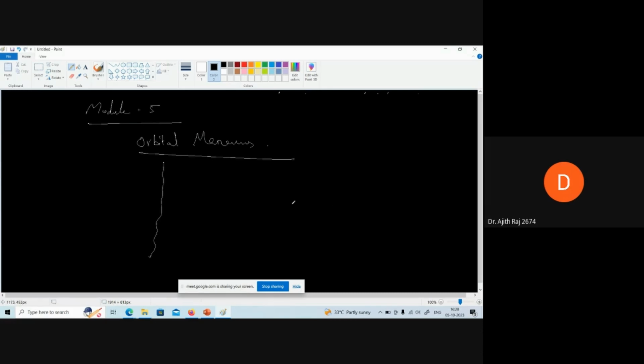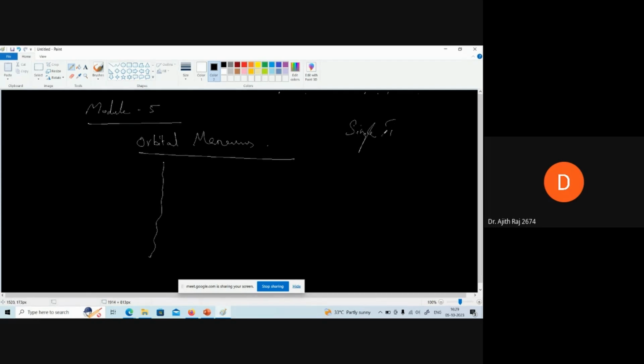Then rendezvous and docking, joining with a parent satellite or with any other spaceship. Again, collision avoidance: to avoid collision, sometimes you need to maneuver the satellite with the power source it has, which is nothing but the propulsion unit. So these are the different scenarios.